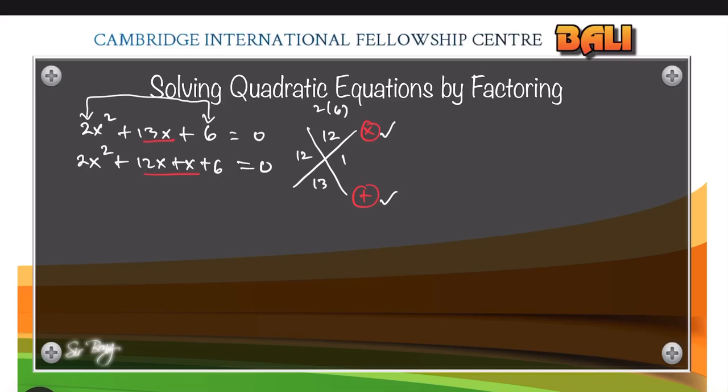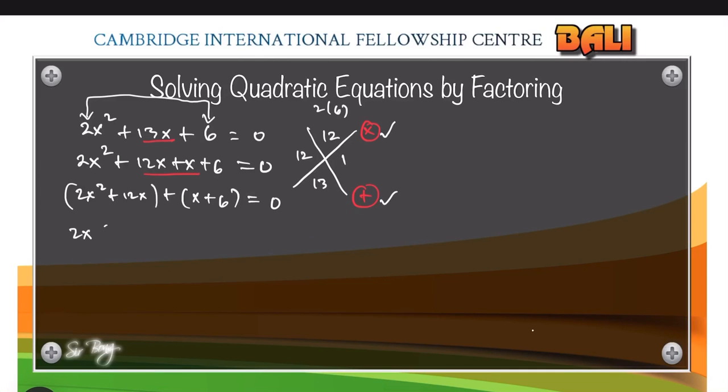We split the 13x to 12x and x. Continue. So this is 2x squared plus 12x. This is one group, plus x plus 6, another group, is equal to 0.